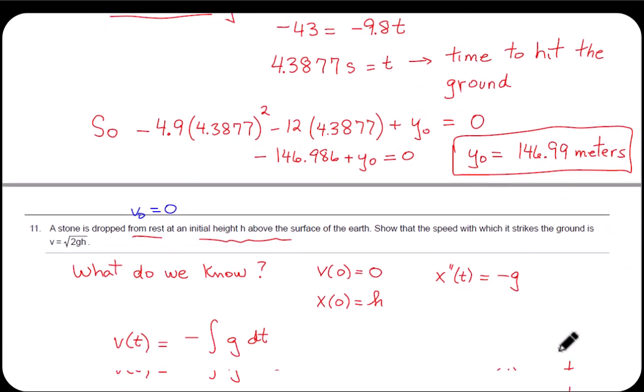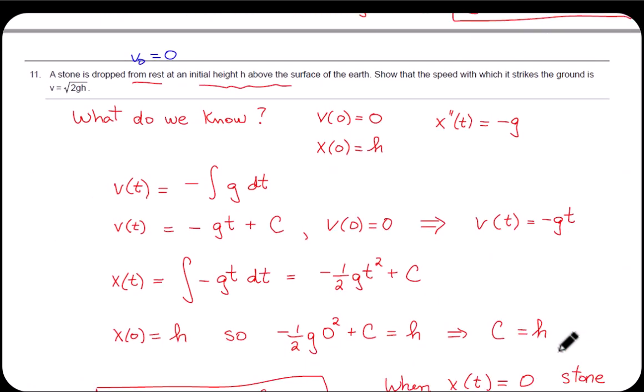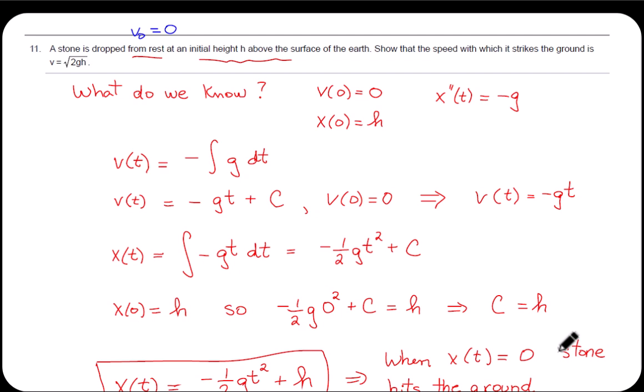All right, and in question 11, a stone is dropped from rest, so my initial speed is 0, with a height above the surface of the earth. And they're telling me that the speed that it hits the ground is that formula for velocity. So let's see, what do I know?